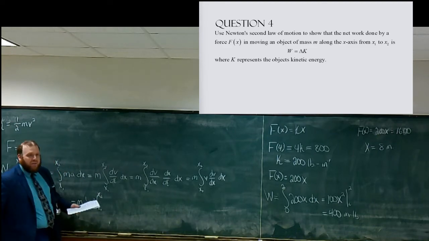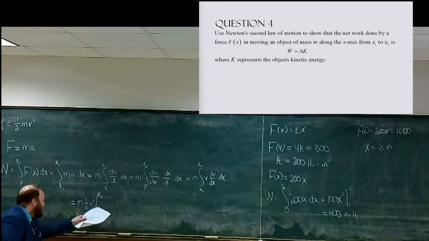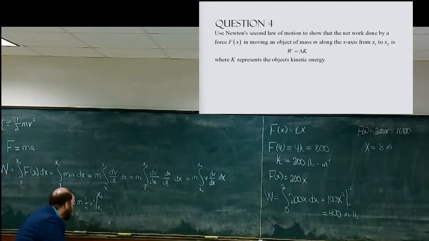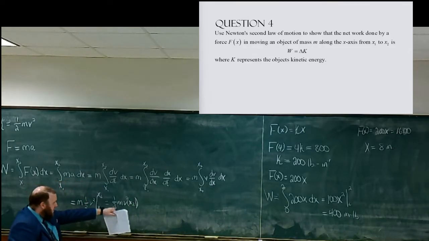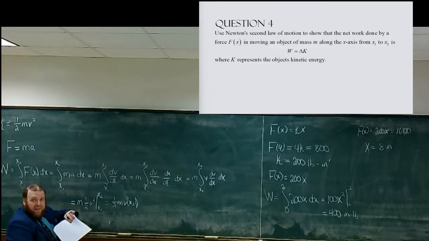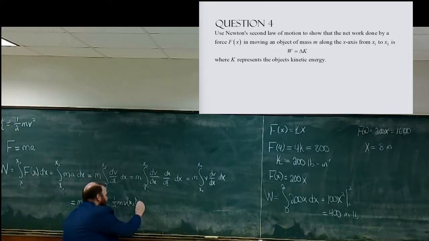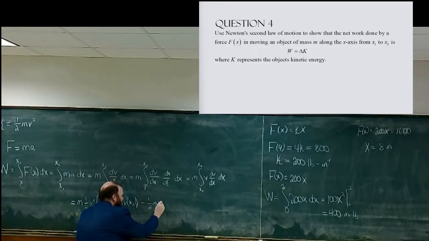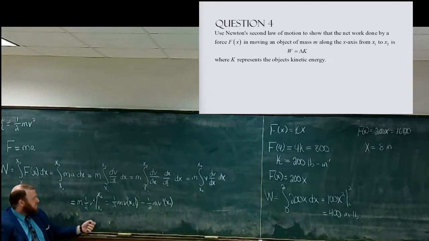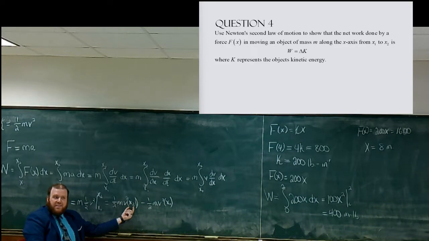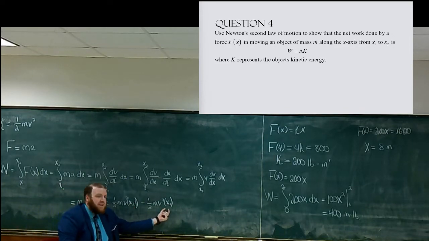But remember, our velocity is a function of position. So it's 1/2 m v of x2 squared minus 1/2 m v of x1 squared. Final velocity squared, initial velocity squared.